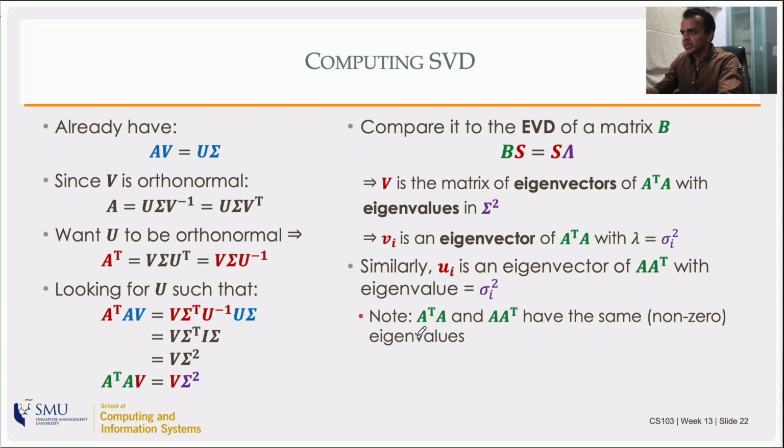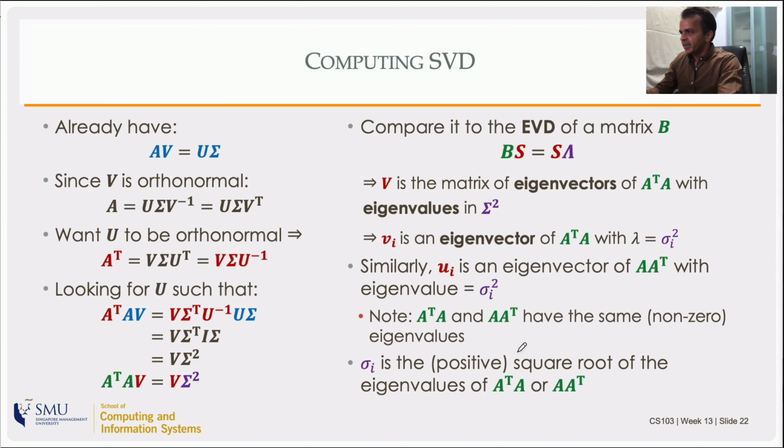What is important to know is that A transpose A and A A transpose have the same non-zero eigenvalues. One of them will have some number of zeros, the other one may not, but the non-zero eigenvalues are the same. This can be proven fairly easily.